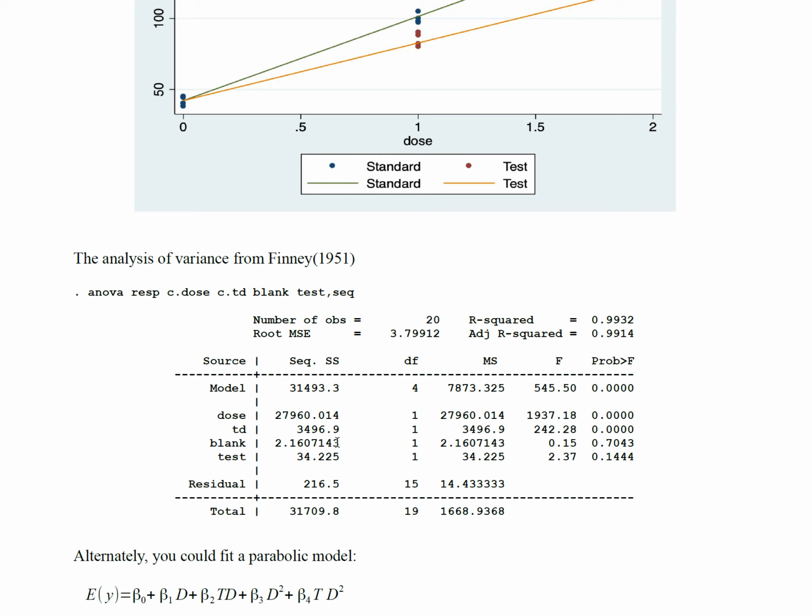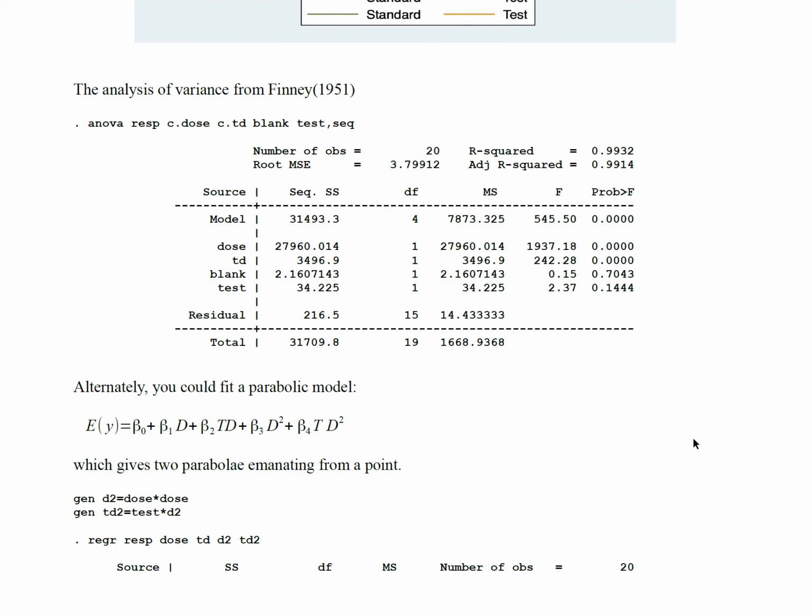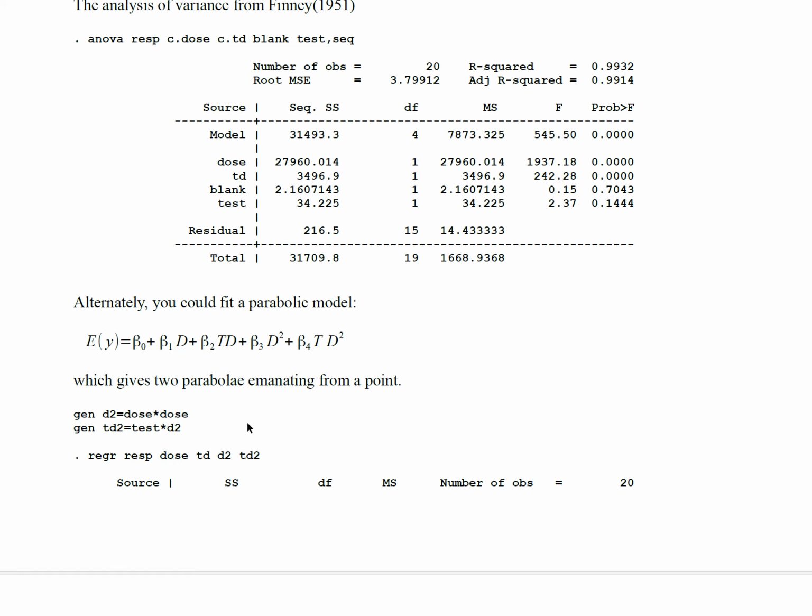It turns out that the methodology given in Finney, which is a little bit complicated, is essentially the same as repeating this work with a nonlinear model with two parabolas, for example, that are emanating from that point at the zero dose.